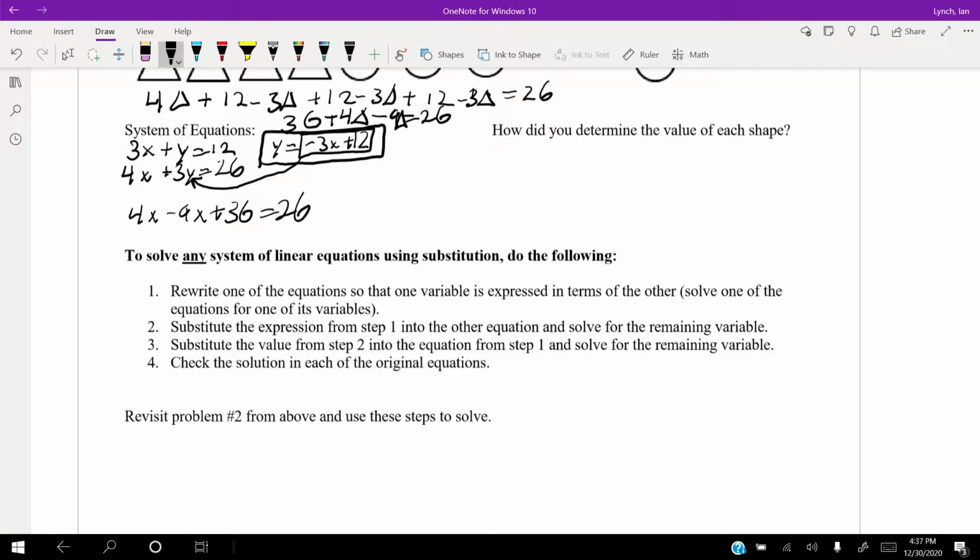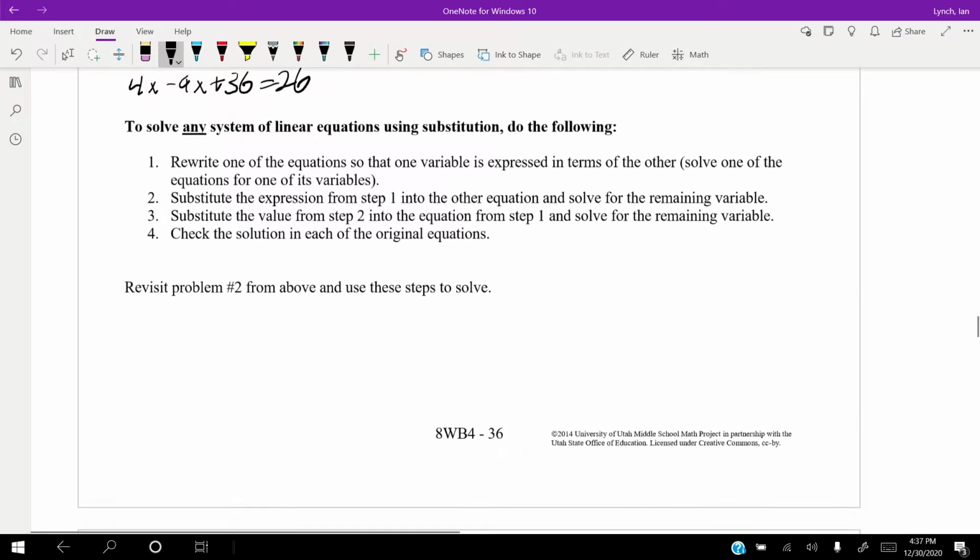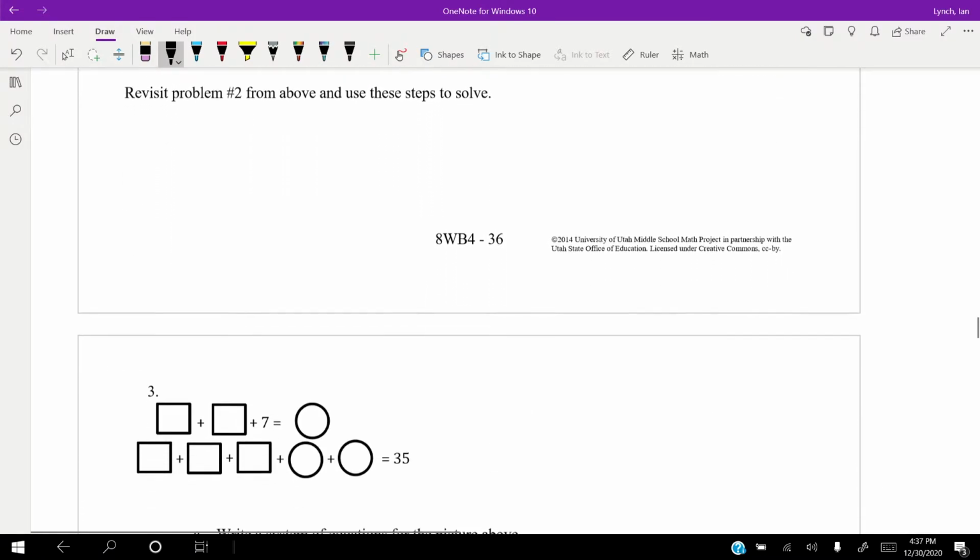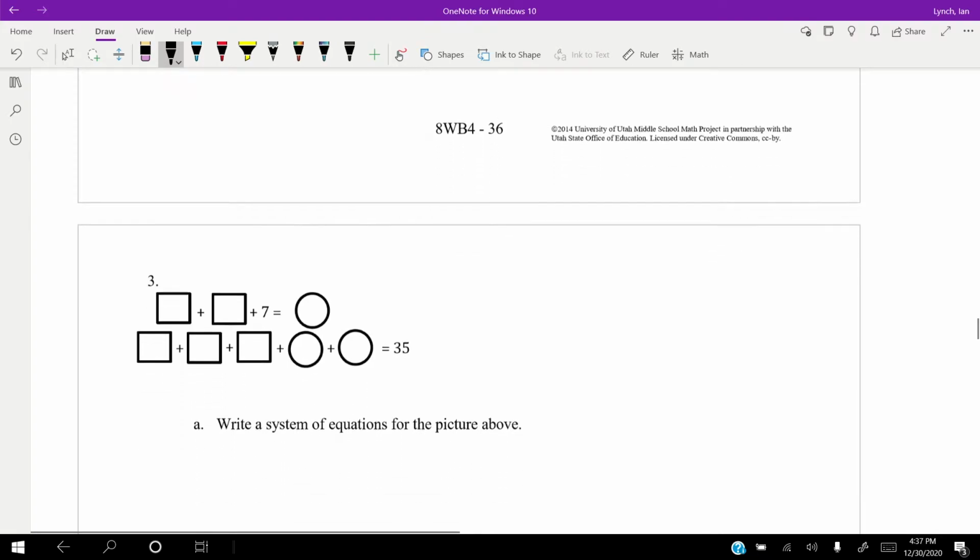So we're going to take whatever that variable is equal to, and plug it into the other equation wherever we see the variable we solved for. Then, once we solve that for what variable's left, we plug that back in to one of the equations. Does that make sense, guys? We already did that. Let's look at this one.